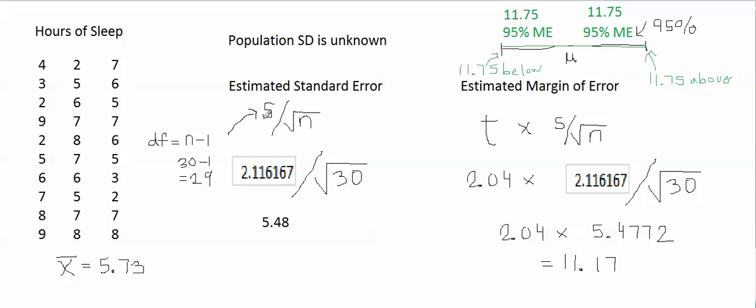And the shortened formula can be used for the estimated standard error, like I did here, as long as the population is 20 times bigger than the sample. And in any realistic study, the population is pretty much always 20 times larger than the sample. If the population wasn't 20 times larger, I would just have to add on the extra part to this formula. The estimated margin of error is the letter T times the estimated standard error.